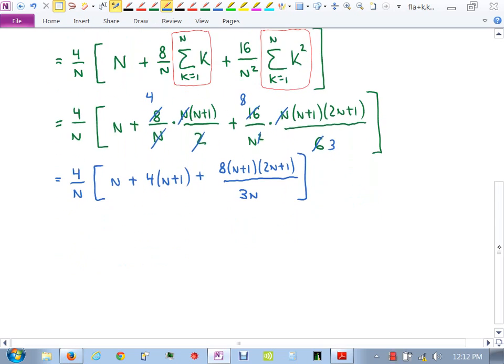One last thing. Let's distribute that 4 over n through. 4 plus 16 n plus 1 over n, and then plus 32 n plus 1 times 2n plus 1 over 3 n squared.